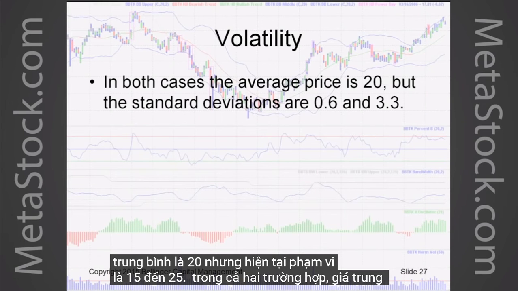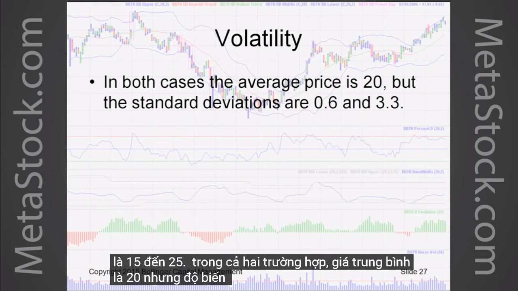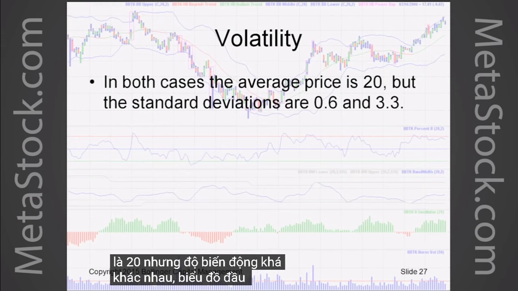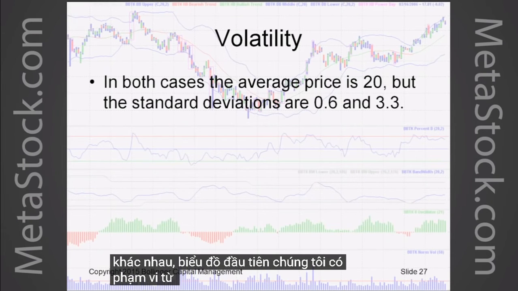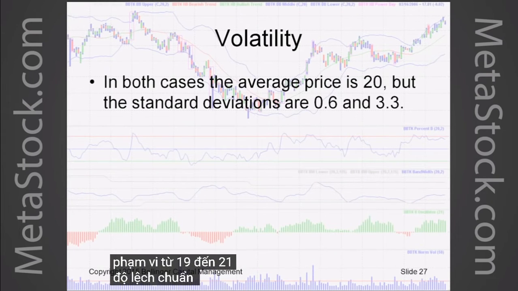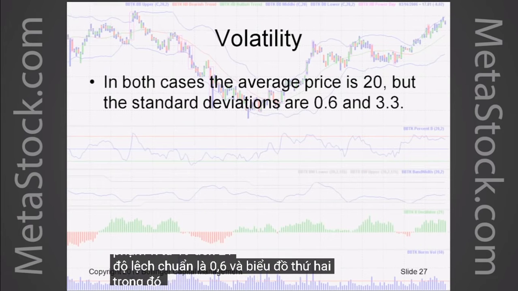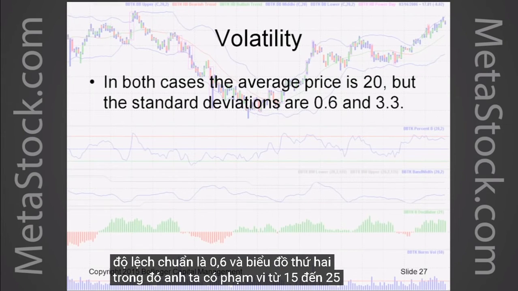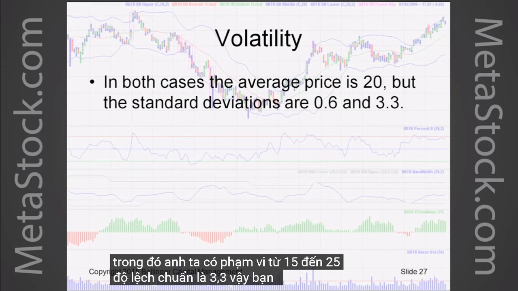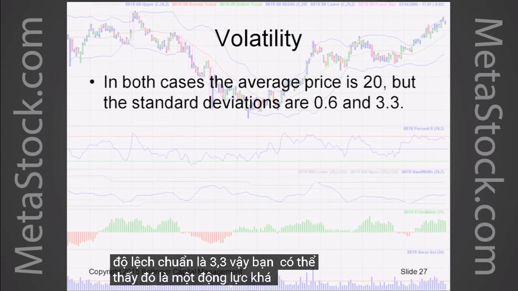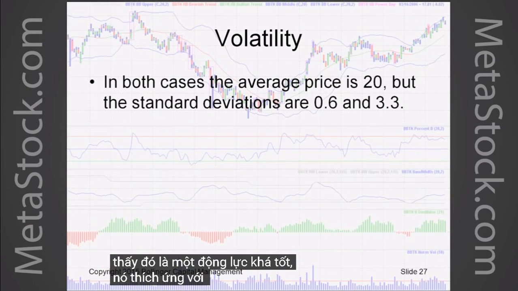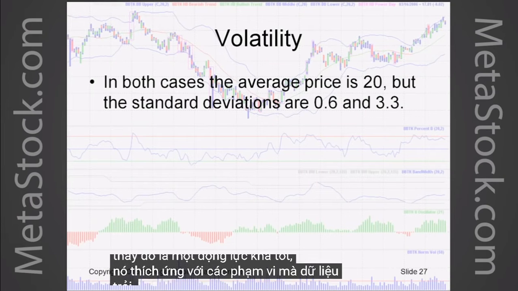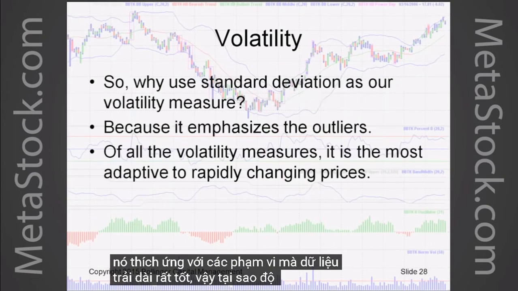So in both cases, the average price is 20, but the volatility is quite different. In the first chart, with a range of 19 to 21, the standard deviation was 0.6, and in the second chart, with a range of 15 to 25, the standard deviation was 3.3. So you can see it's quite a dynamic quantity. It adapts to the ranges that the data spans very well.